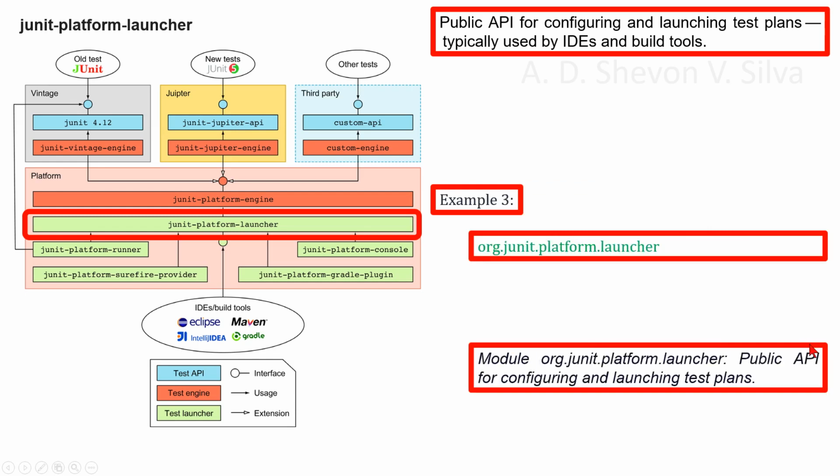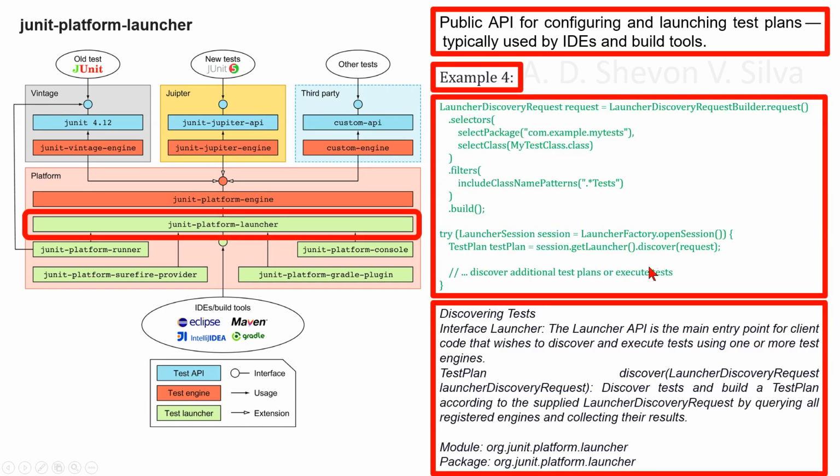As an example 3, we can consider the org.junit.platform.launcher module, the public API for configuring and launching test plans. As an example 4, we can consider this code segment regarding discovering tests. Here, interface Launcher: the Launcher API is the main entry point for client code that wishes to discover and execute tests using one or more test engines.